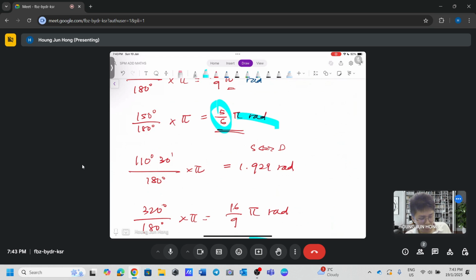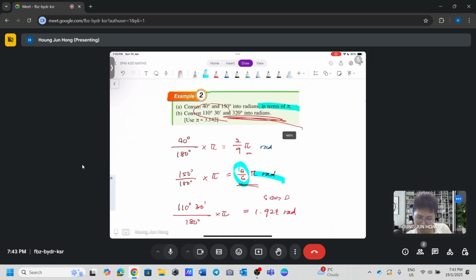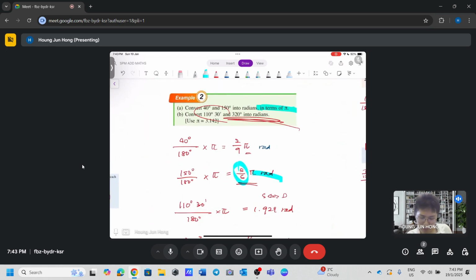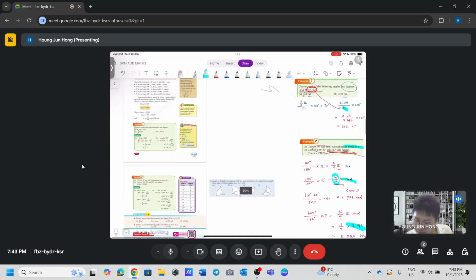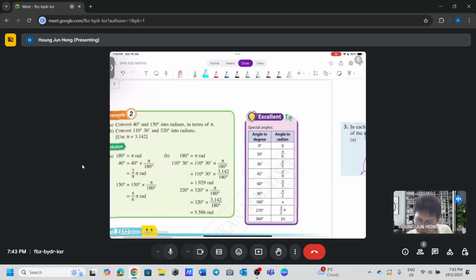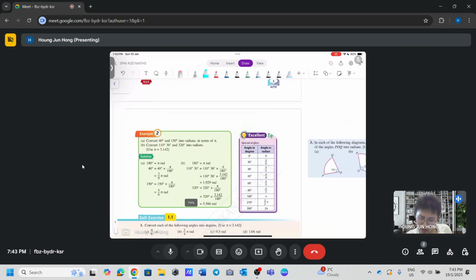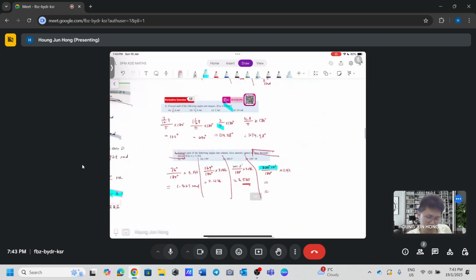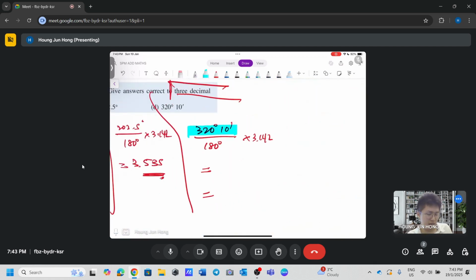Yes, correct. This was correct. Then this one, is it correct? Wait. Okay, let me try again. Radian, angle, degree.